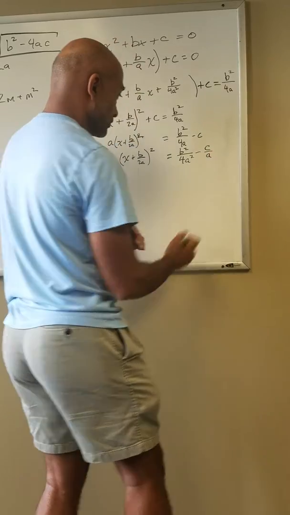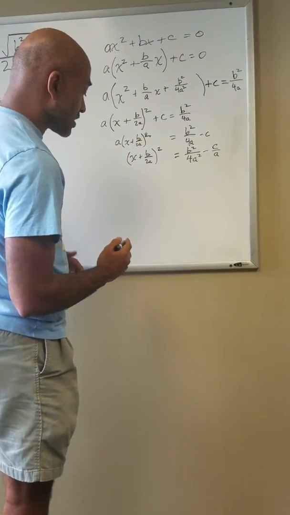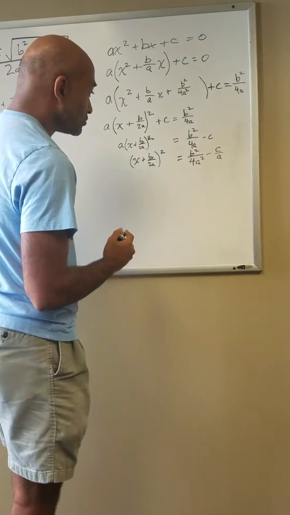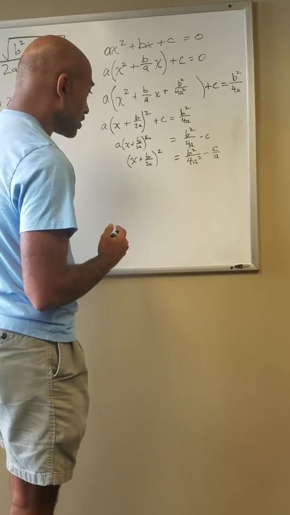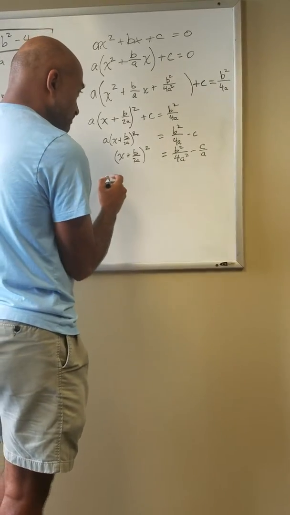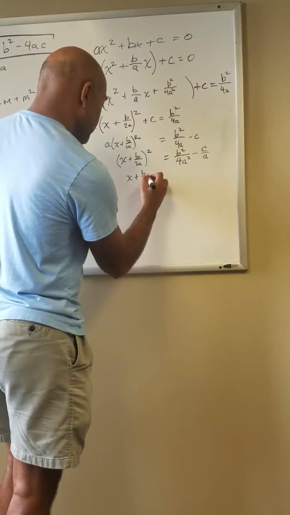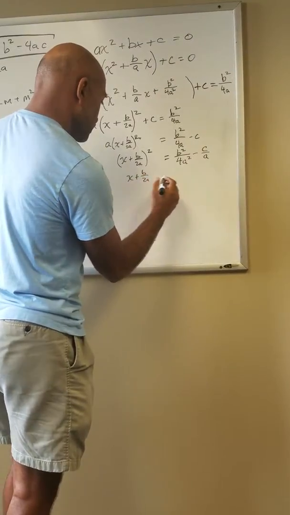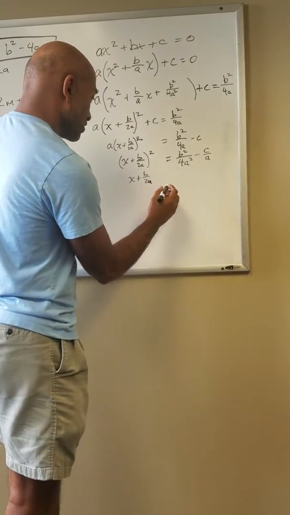Now, this is the tricky part. So now we're going to take the square root of both sides. So now we have x plus b over 2a is the square root of this side, okay?